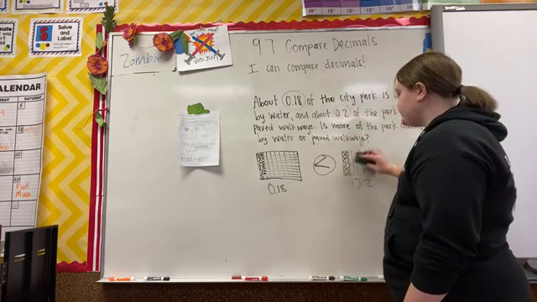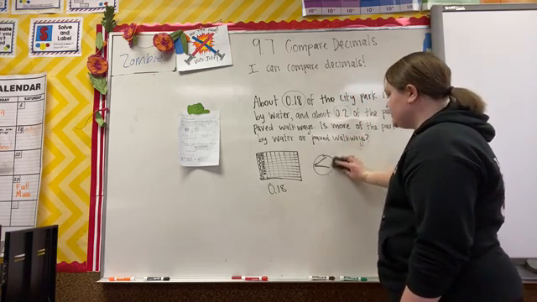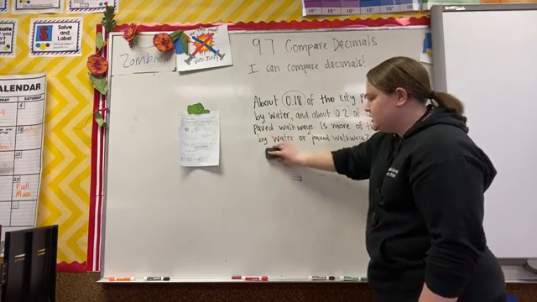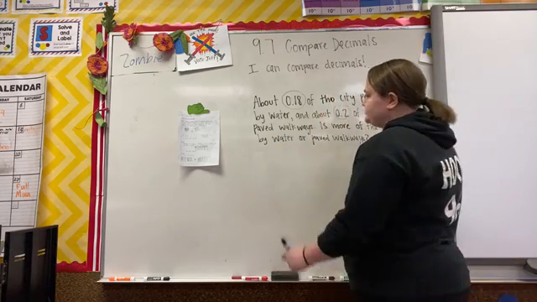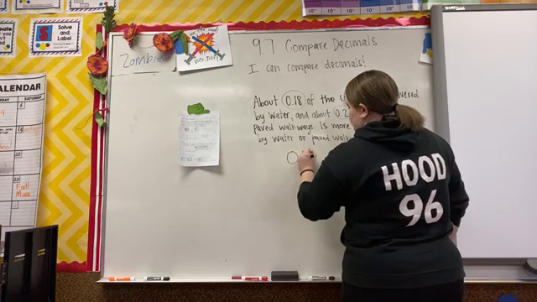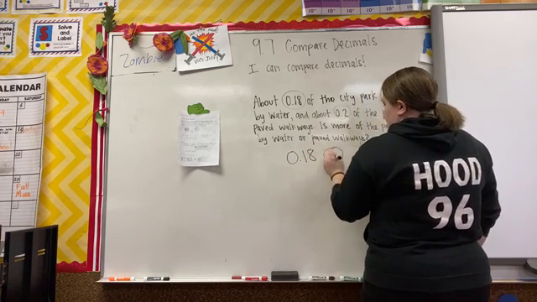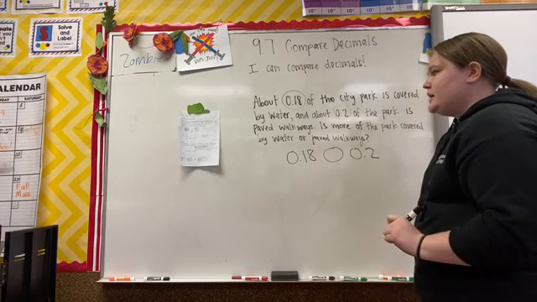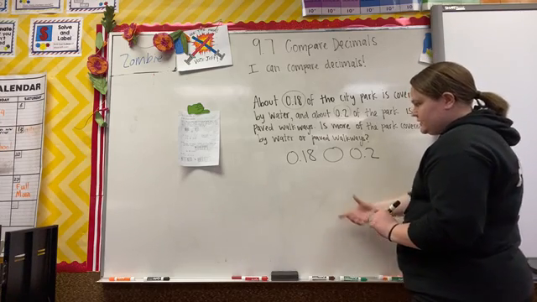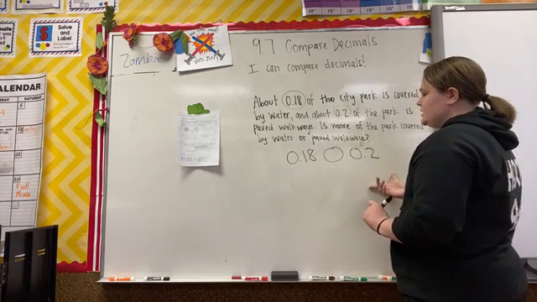Another way to do that without comparing with a model, so without using the grid, you write your decimals, so 18/100ths and 2/10ths, and I want to make them both in the hundredths place.